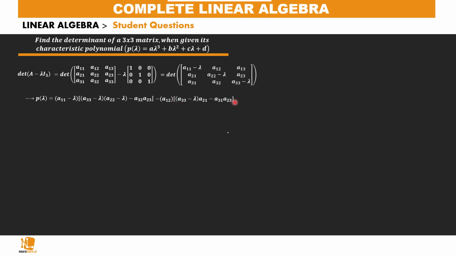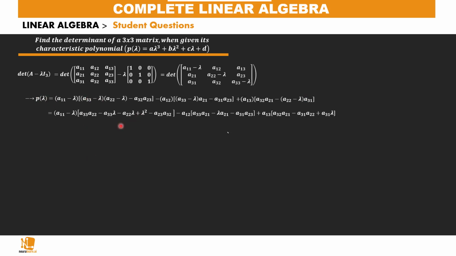That's exactly what we have here. Finally, plus A13 times A32 times A21 which is this, minus A31 times A22 minus lambda, which is this. So with this, we've gotten our characteristic polynomial equation, P of lambda.